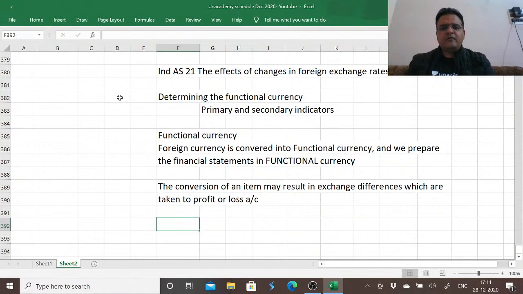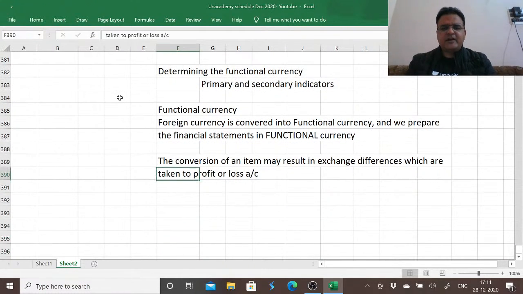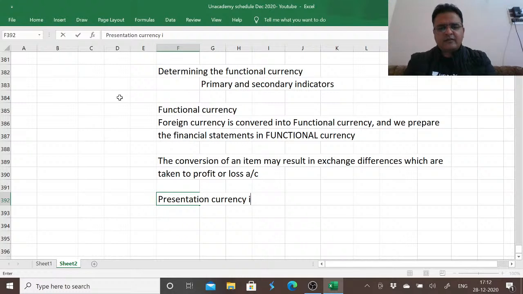So once we have all the financials prepared in functional currency, there may be a situation that the presentation currency is different. Presentation currency is the legal or statutory requirement to present in INR.